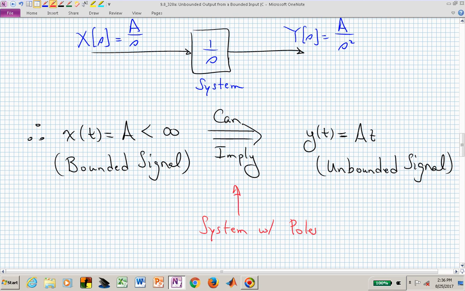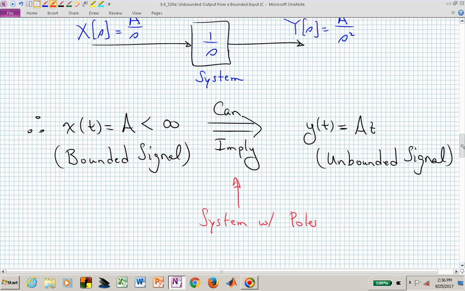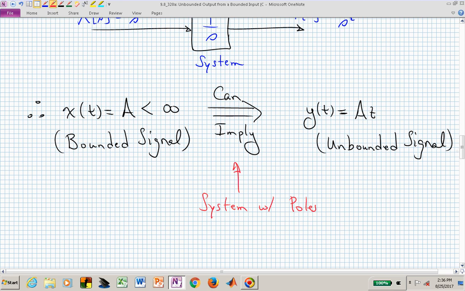Now, if that's the case, our system was needing to have poles where? Well, this particular case needed that pole to be right on top of where the pole was located for the signal, and in that case it was at the origin.